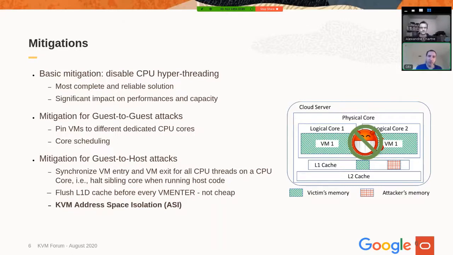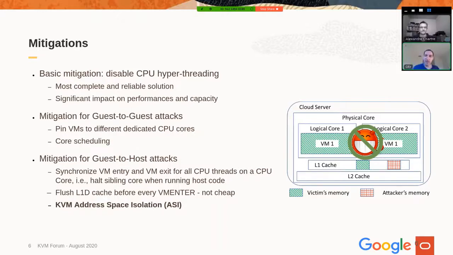Another option is to make sure no two different VMs are running on the same physical core. Again, it creates slightly more complicated scheduling. It's possible, but we still have the problem: what happens when we need to serve a VM exit? Then the host needs to run some code, maybe it brings some secret data into the cache or into some other microarchitectural buffers.